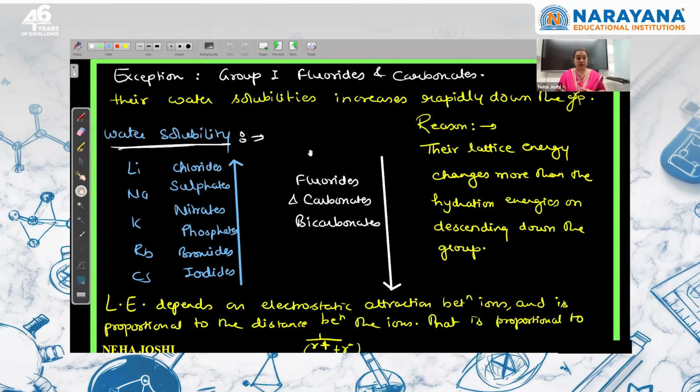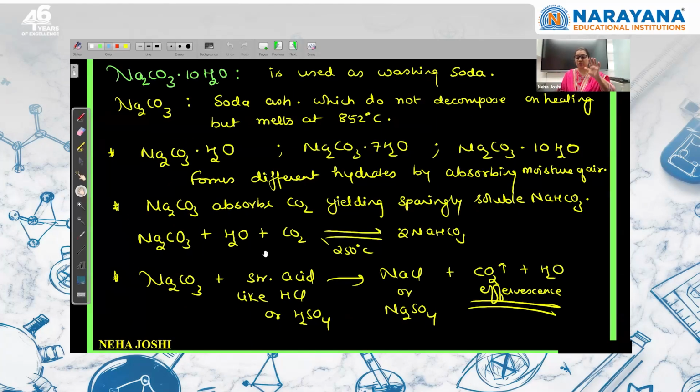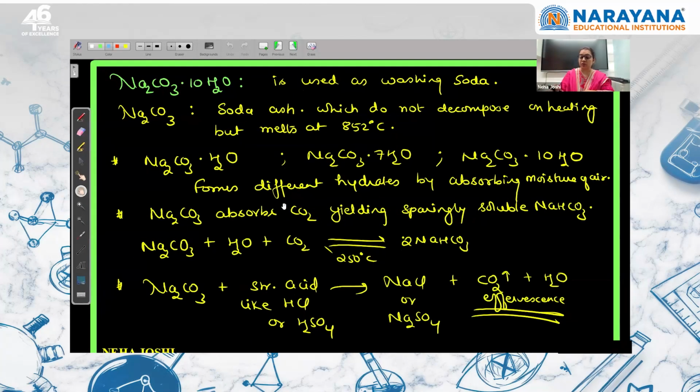I kept this page open so that you revise again that fluoride, carbonate, and bicarbonate of the first group are exceptional in their behavior, as their solubility increases down the group, whereas for all others solubility decreases down the group. Correct?